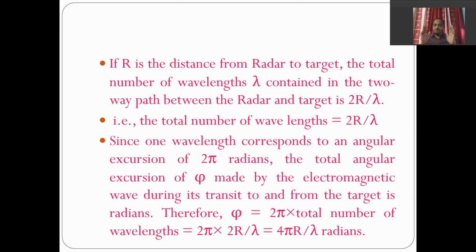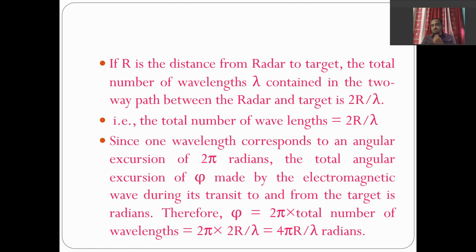So it has to start from here, go to the target, and come back, and this distance is 2r. Now, how many lambdas are there in this path? That is 2r by lambda. Because both are in meters, we don't write any units for this. Total number of wavelengths is equal to 2r by lambda here.